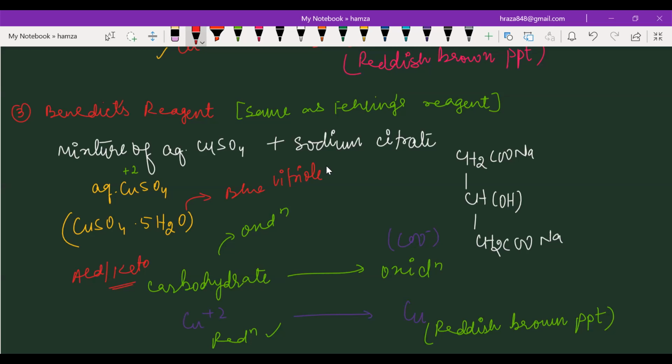It's the common name of this compound. Again, it's happening. It's so embarrassing.